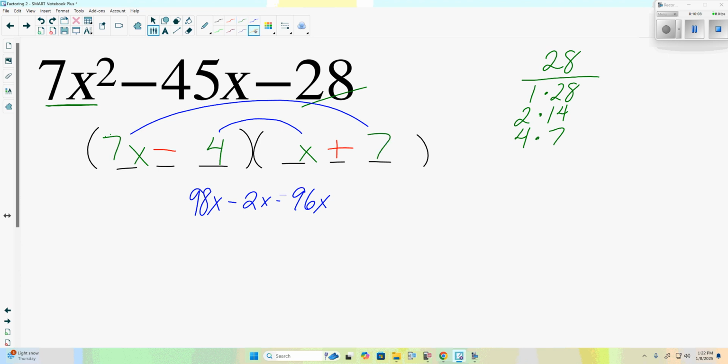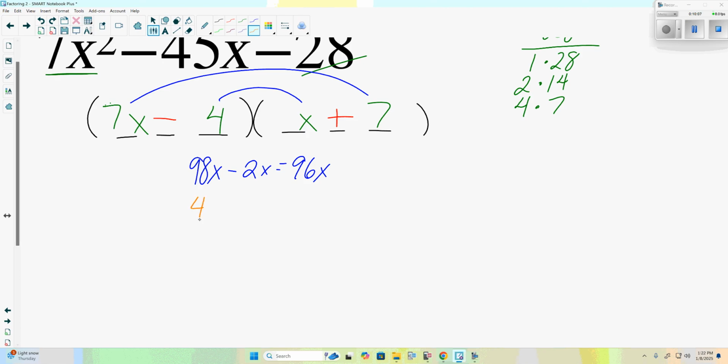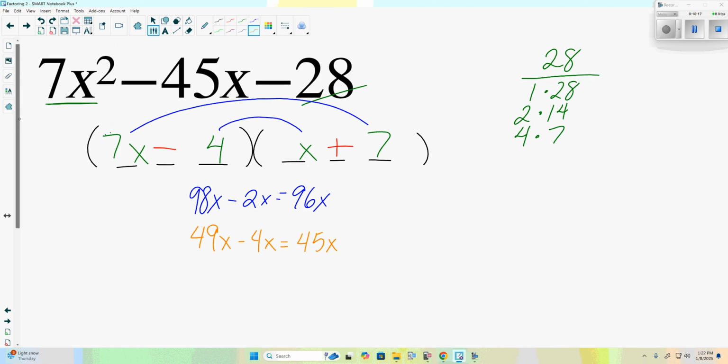So let's try 4 and 7. 7x times 7, 49x. Negative 4 times x is negative 4x, giving us positive 45x. Is that the middle term we wanted? Well, yes and no, because it is the correct number, but it is the wrong sign.